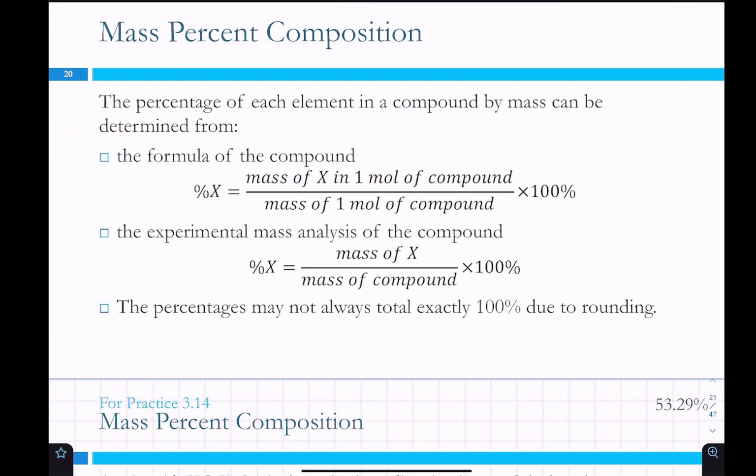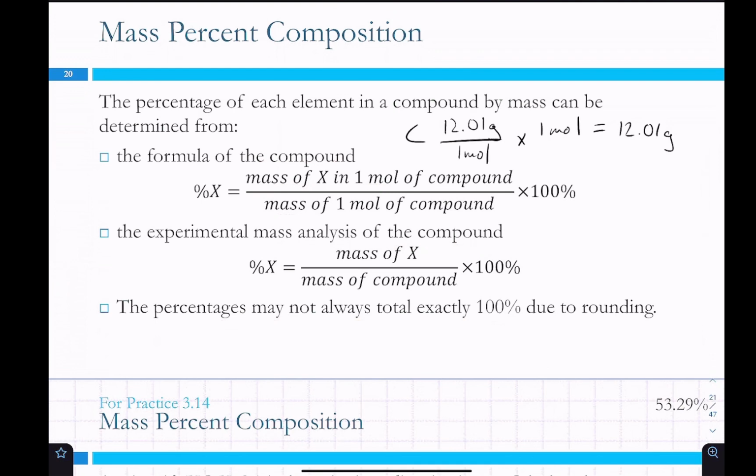And the reason that we're using 1 mole is that for any molar mass, say for carbon, 12.01 grams divided by 1 mole, right, that's the molar mass of carbon. If we multiply this by 1 mole of carbon, it's going to be 12.01 grams. So choosing 1 mole makes it really easy.